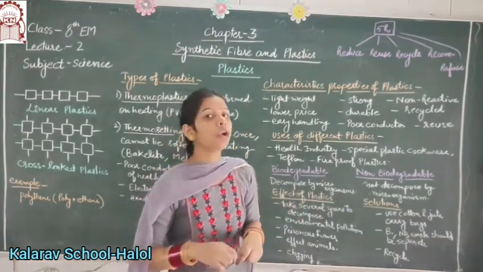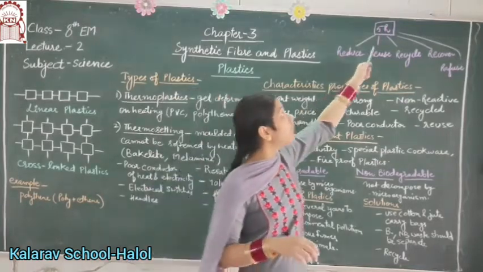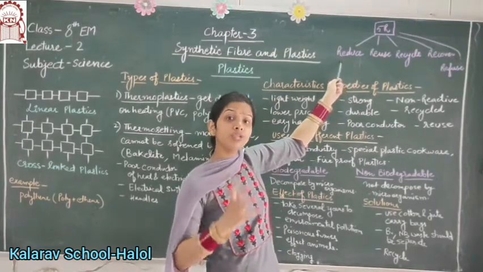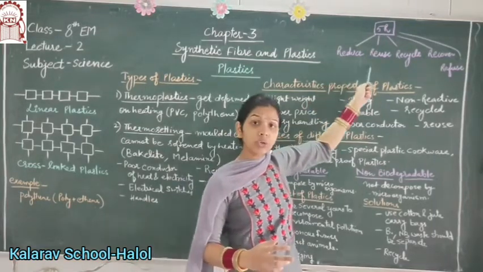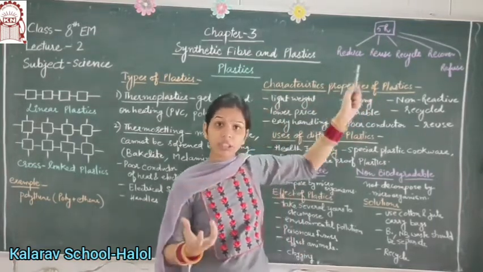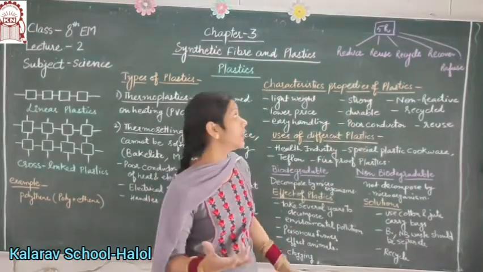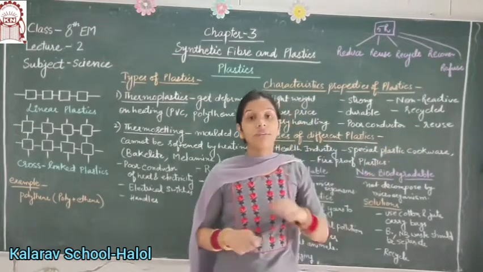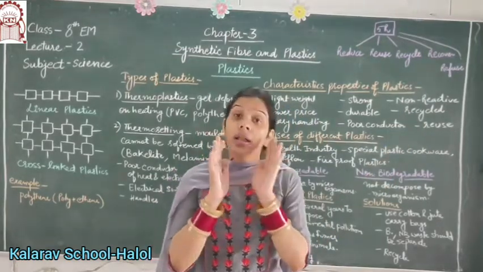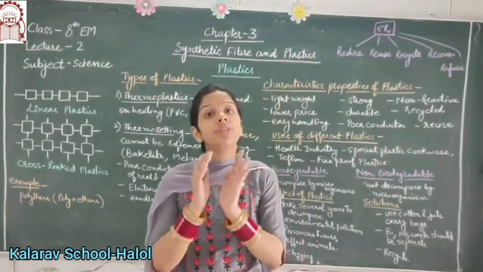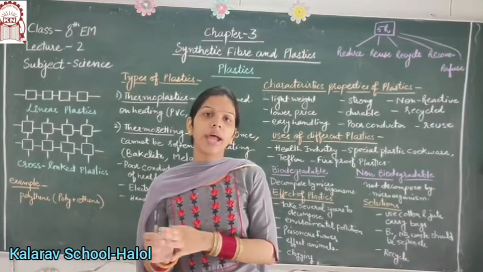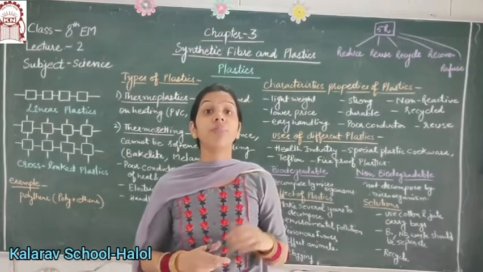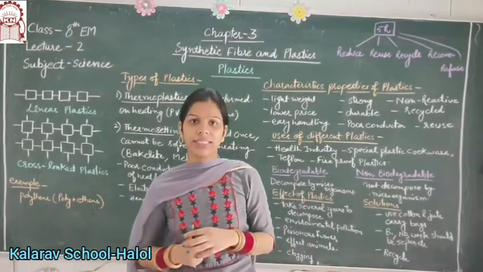We have to follow the principle of 5R, that is, reduce: you have to reduce the use of plastic items; reuse: if it is possible, you have to reuse that item; recycle, recover, or refuse. Lastly, you have to refuse that item, so that you protect our environment from the harmful effects of plastics.